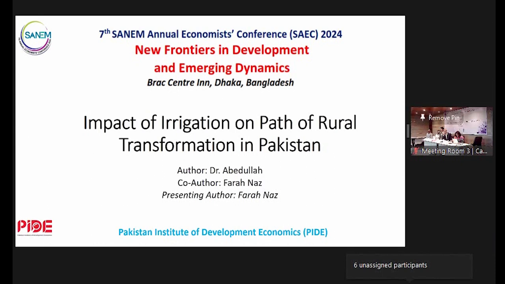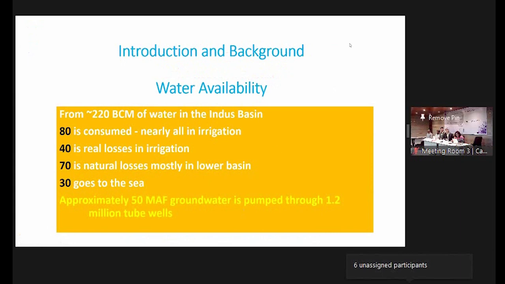But before that, it's important to see the water situation in Pakistan. In Pakistan, about 220 billion cubic meters of water is naturally available in the Indus Basin. Out of these 220 BCM, 80 BCM is consumed for irrigation purposes in agriculture, but there are also 40 BCM losses in the irrigation sector.